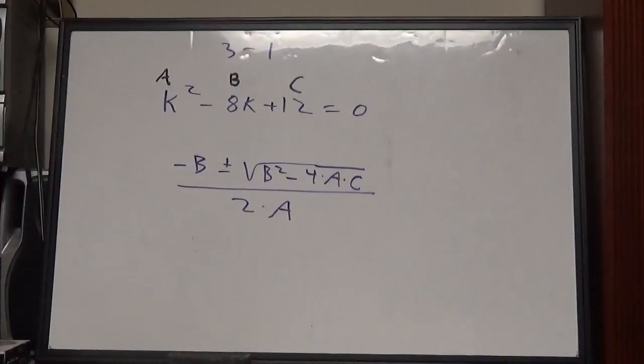I got ahead of myself because of the b squared. So, negative b plus or minus square root b squared minus 4ac, all divided by 2a.